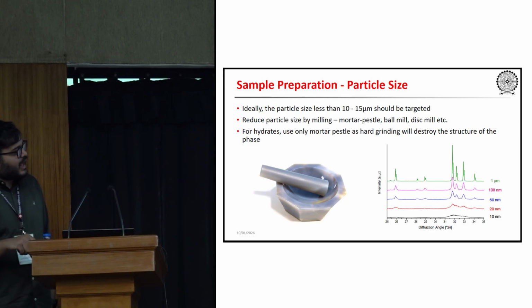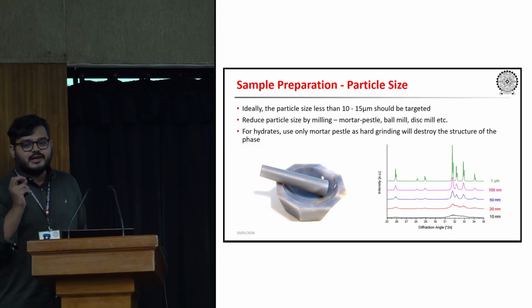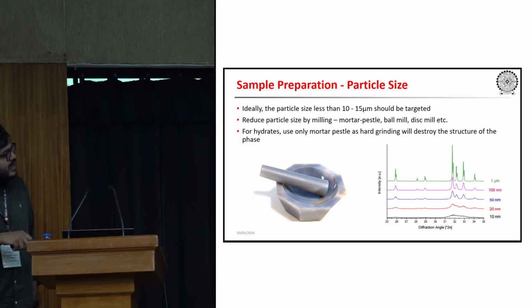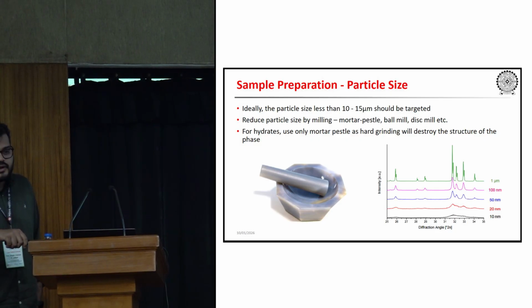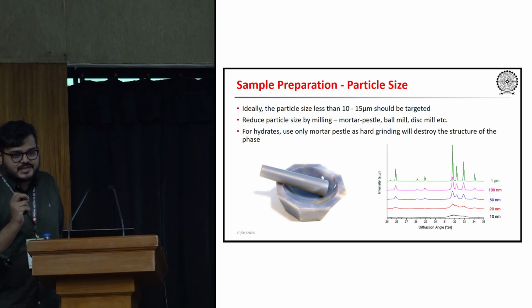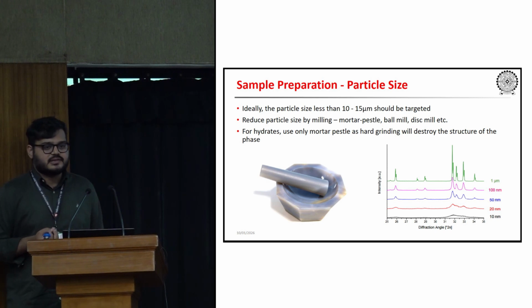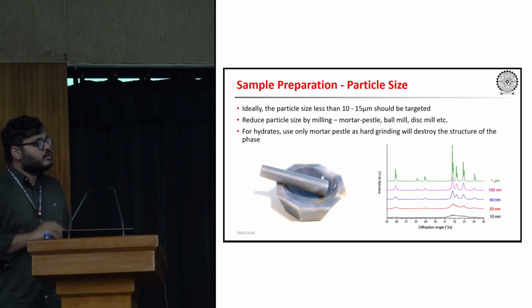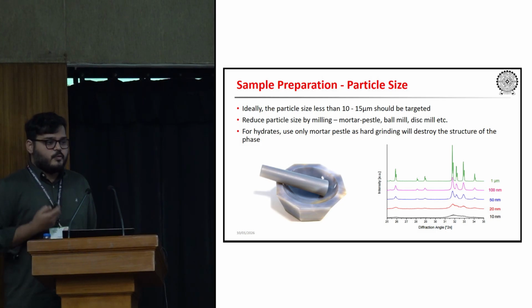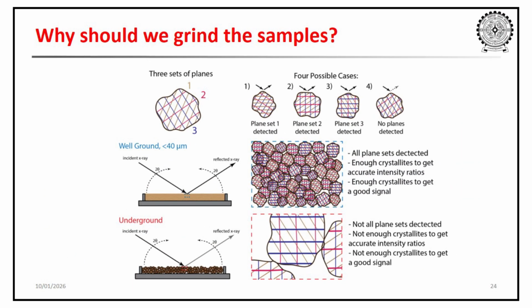And you can see that as the particle size is reducing, the distinct independent peaks in the diffractogram are disappearing, and you can see mostly an amorphous hump when the average particle size is reduced to 10 nanometers. So it's very important to ensure that your particle size is within the range of 10 to 15 microns if you want to get a very good diffraction pattern, right?